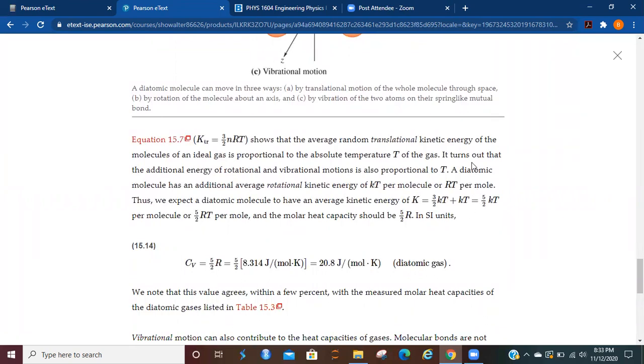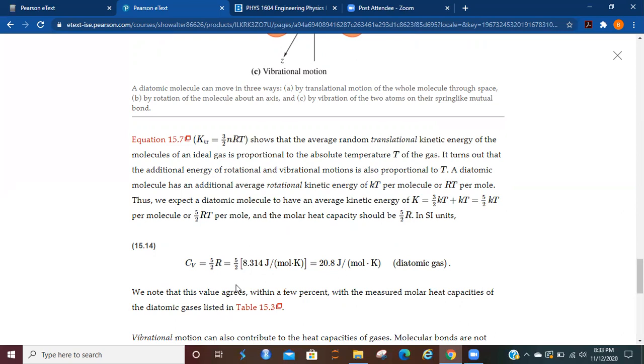When you do these things, it turns out that the additional energy of rotation and vibrational motions is also proportional to T. So if you take the average rotational kinetic energy of kT per molecule, or RT per mole, then it turns out this is the relationship.